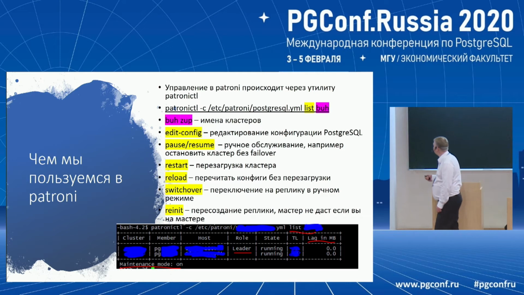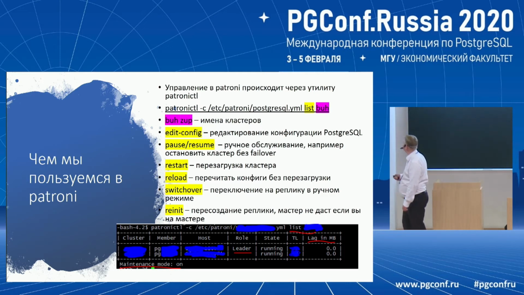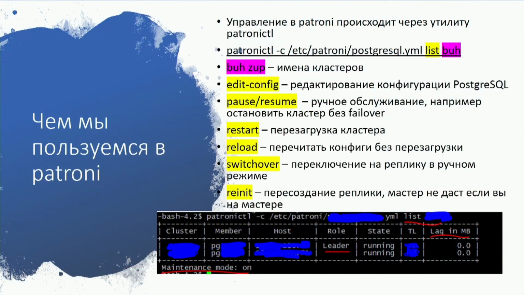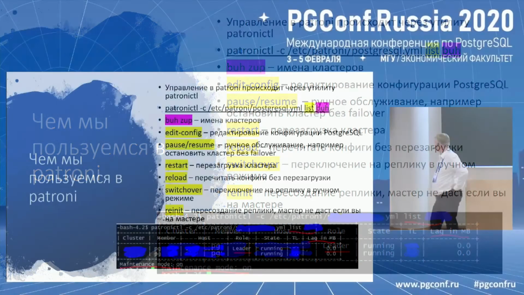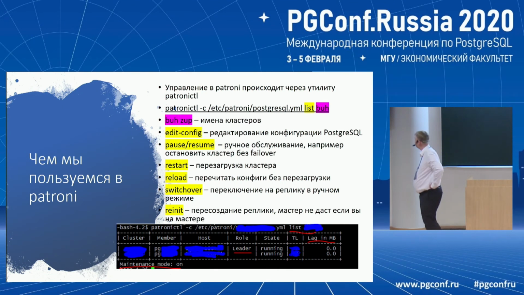We can specify the server name, and here you can see the list of commands. So, the list command shows us clusters, shows us the leaders, and on the whole, here we can see the lag of master from the replica. So this is the leader, and here there is no lag. Although the load in this system is quite high. Sometimes lags happen, but everything was selected in the appropriate way, so it works in a stable manner.